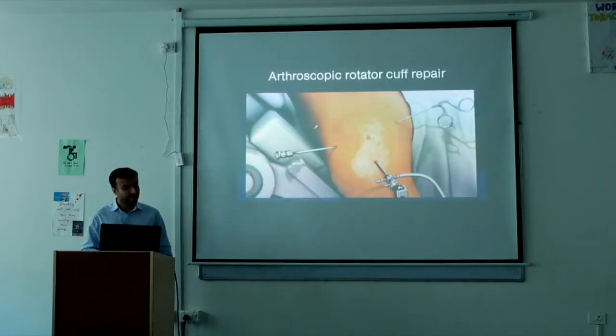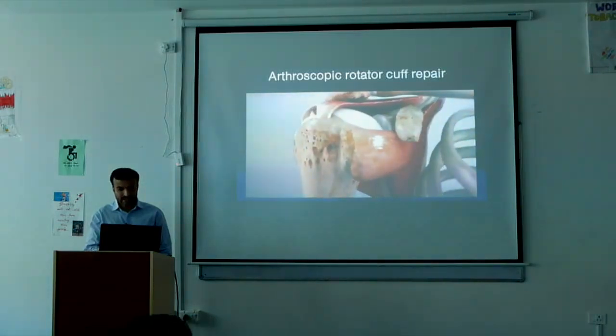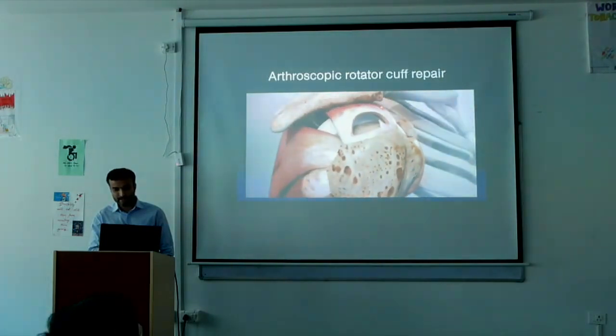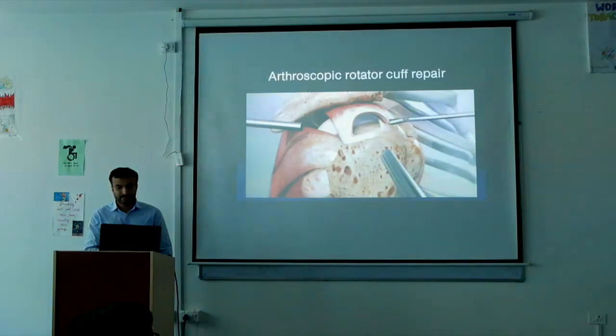This is a short animated video of arthroscopic rotator cuff repair. Here you can see this is the humeral head. This is the torn tendon from the greater tuberosity. We first debride the dead and necrotic tissue. Here the subacromial decompression is also added.